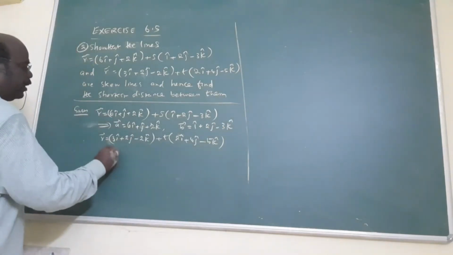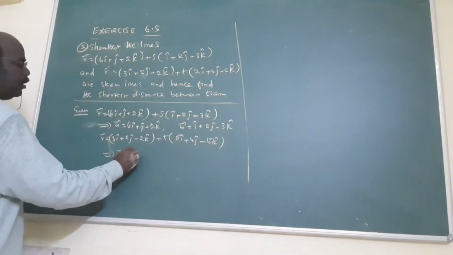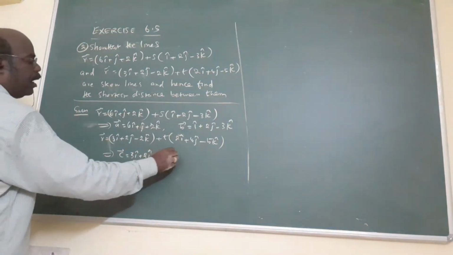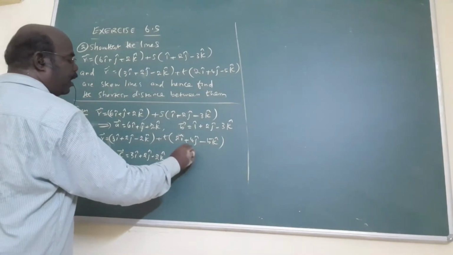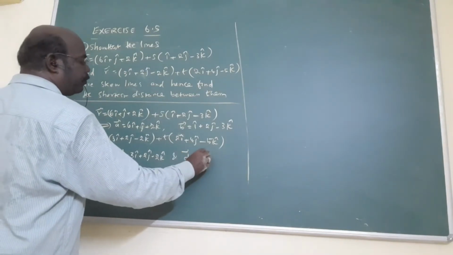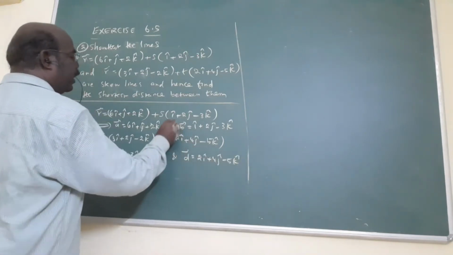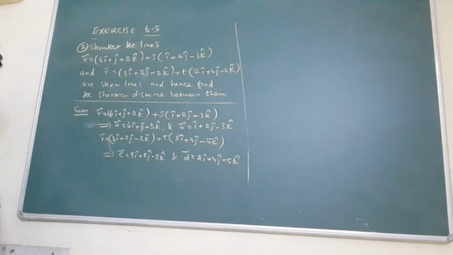From the second equation, C vector equals 3I cap plus 2J cap minus 2K cap, and D vector. This is the format. From the question, you will identify the values of A vector, B vector, C vector, D vector.